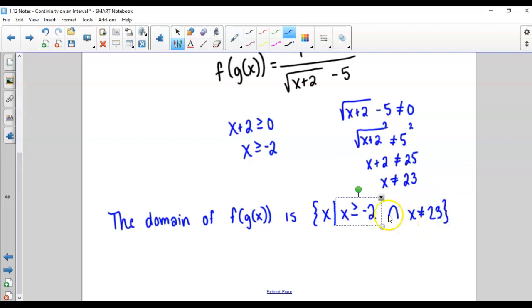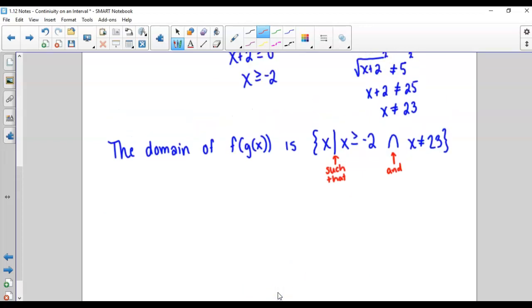So that notation might be a little weird to you. This bar right there means such that. And this upside down U right here, we use this in Math 2 some, I think, means and. The other way, I'm going to go ahead and write it the other way.